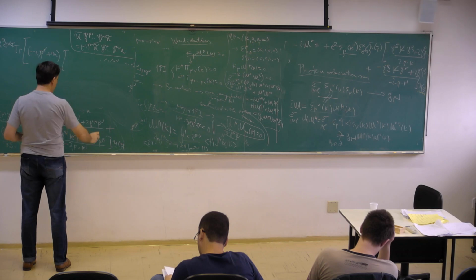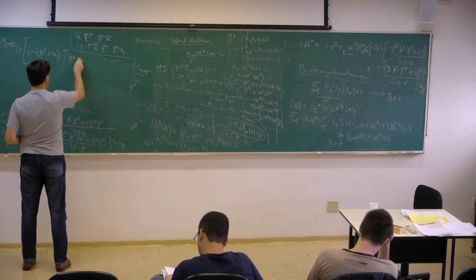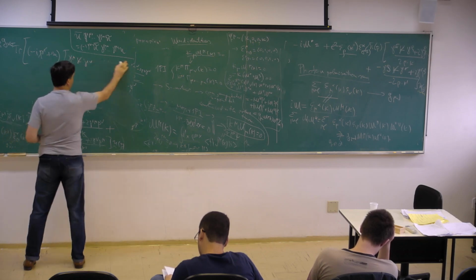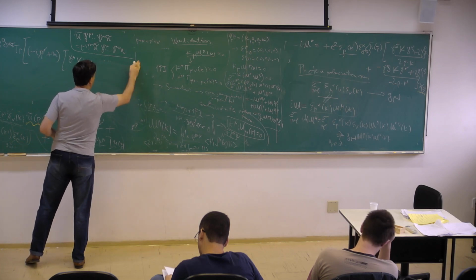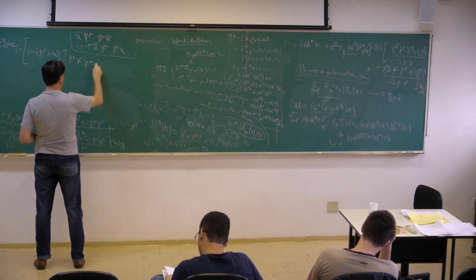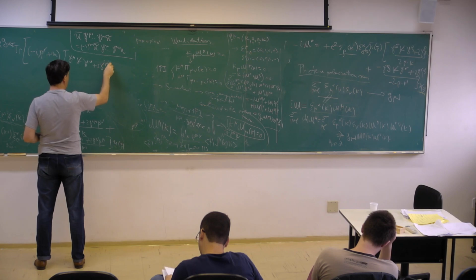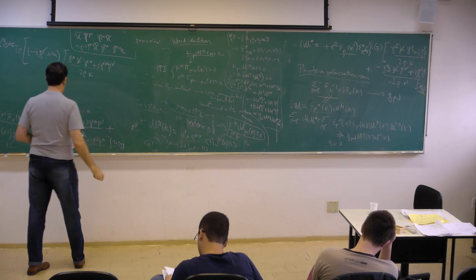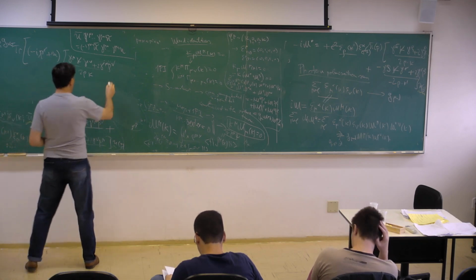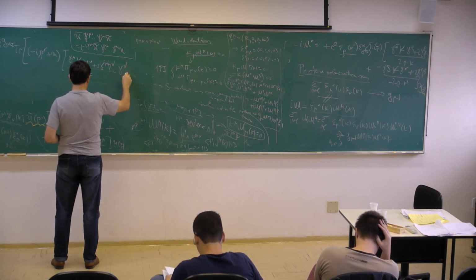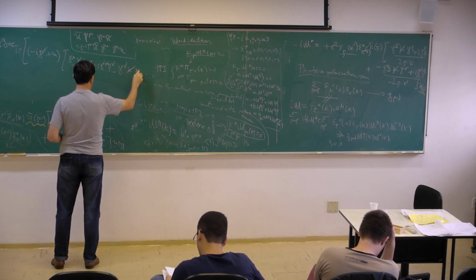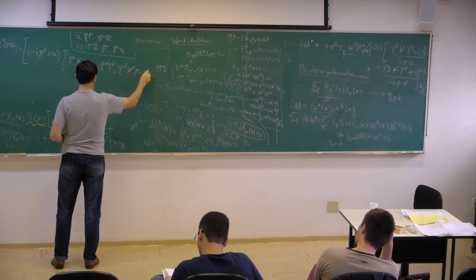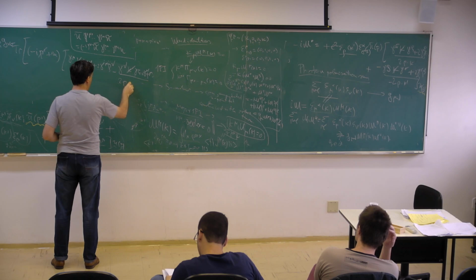Then this factor, gamma mu k slash gamma mu plus 2 gamma mu p mu over 2 pk, minus gamma mu k prime slash gamma mu plus 2 gamma mu p mu over 2 pk prime.